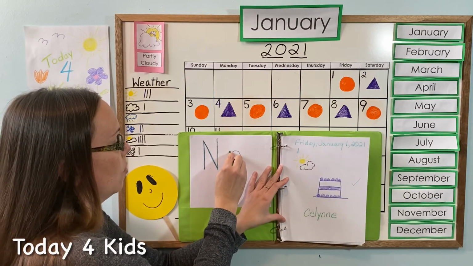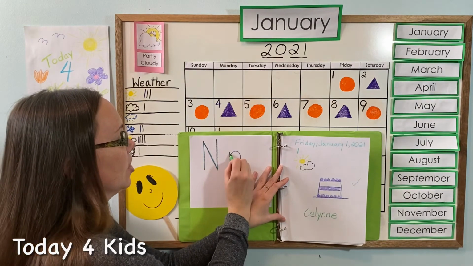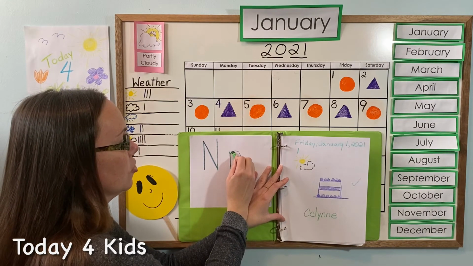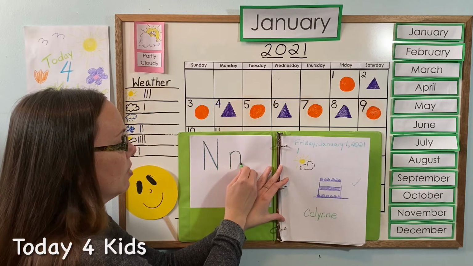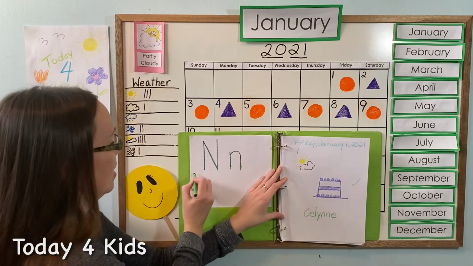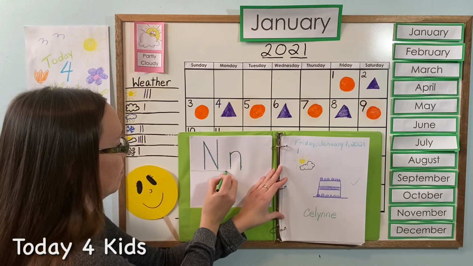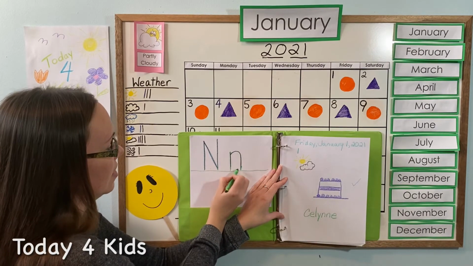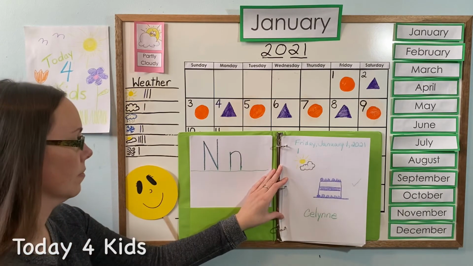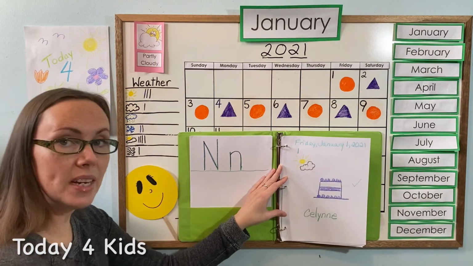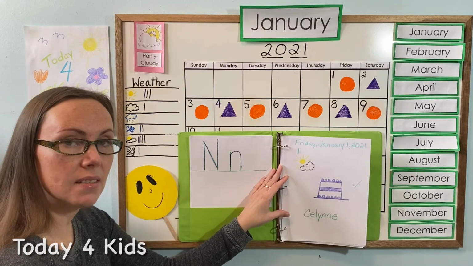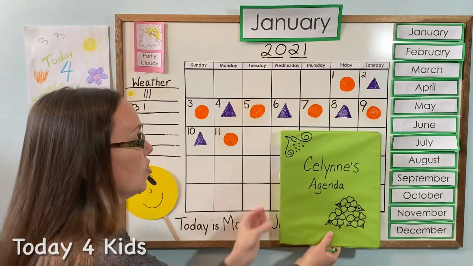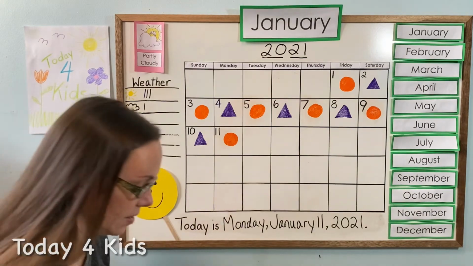So we're going to make one line down and then start just a little bit below, not the top of the line, but just a little bit below, and do an arch out and then come all the way down. If you have a line here, the bottoms of your ends come just to the line. So that's a good way to get started with your practicing and printing. Practice every day and pretty soon you will know how to make all the letters so you can make all the words that you would like to write with.